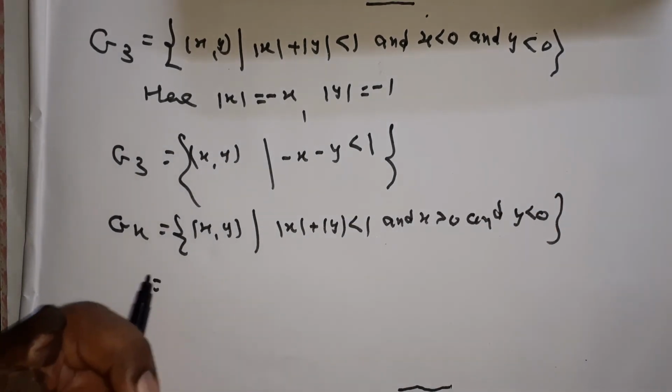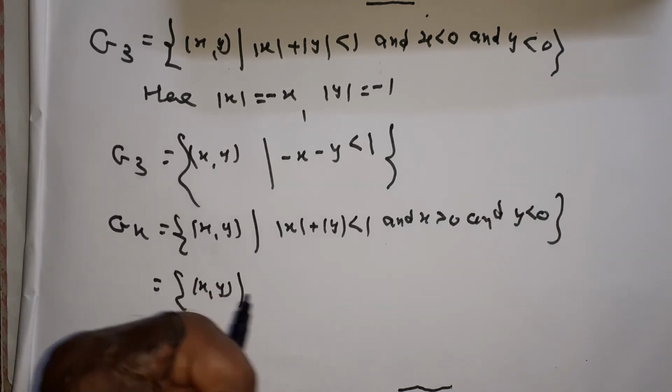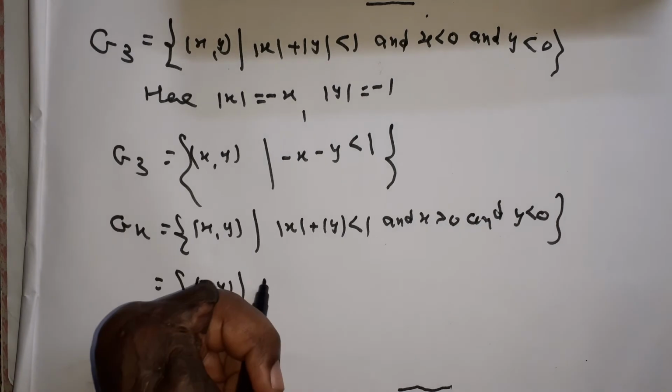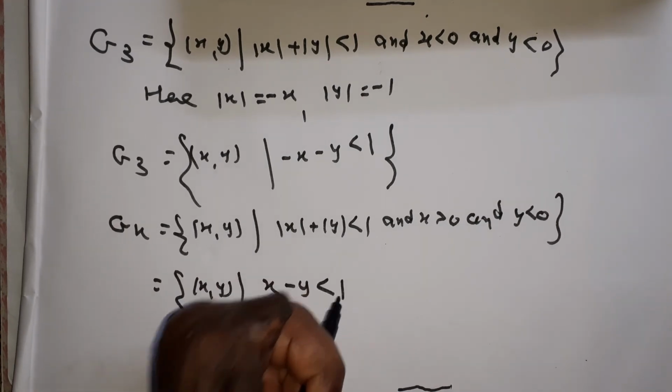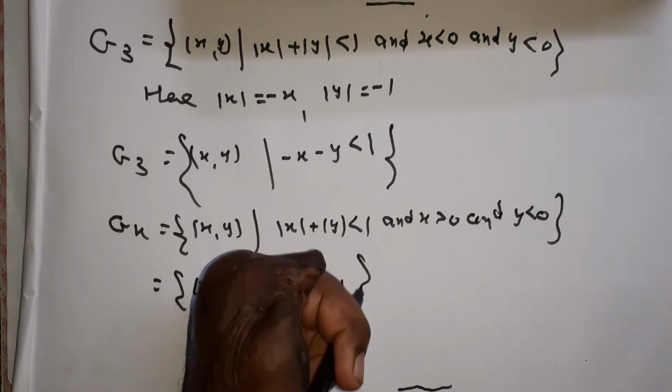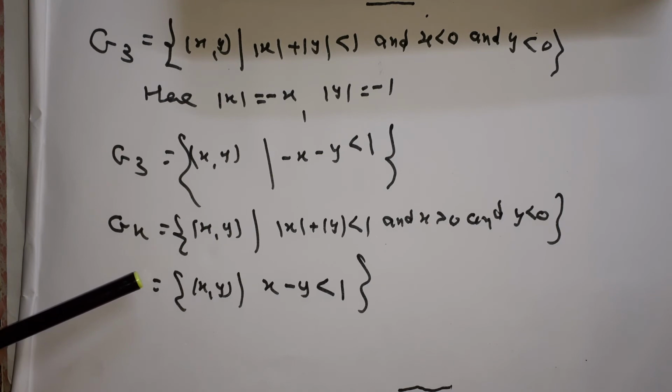Therefore it is the set of x comma y such that mod of x is equal to x, mod of y is equal to minus y, x minus y is less than 1. Now G4 is the region bounded by the line x minus y is equal to 1 and containing the origin side.